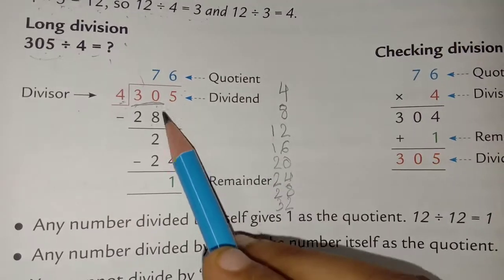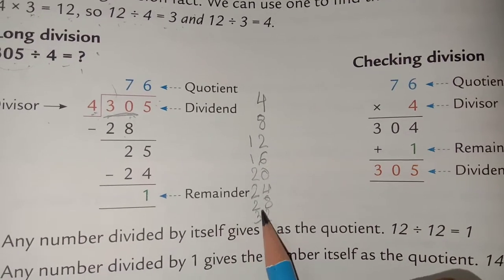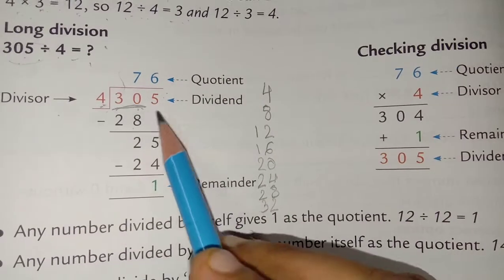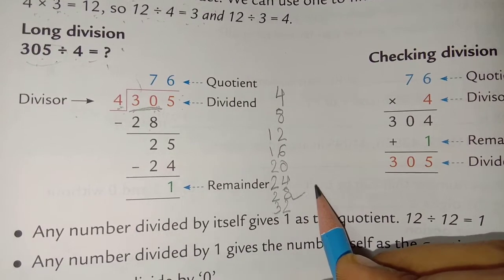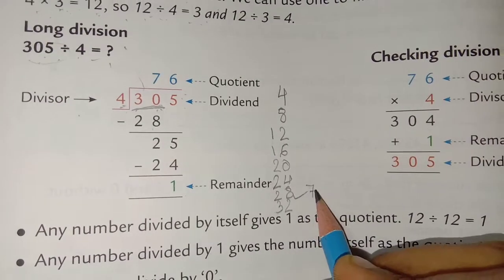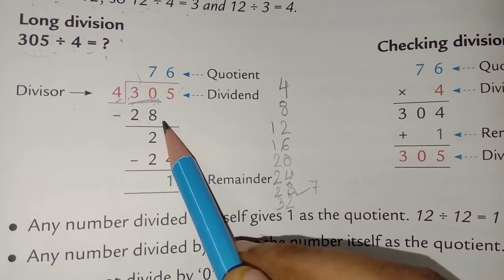Now can you see here it is 30 and here 32. So which number do we have to take? A smaller number, smaller than 30. So we are going to take 28. When is it coming? 7s. So 4 7s are 28.